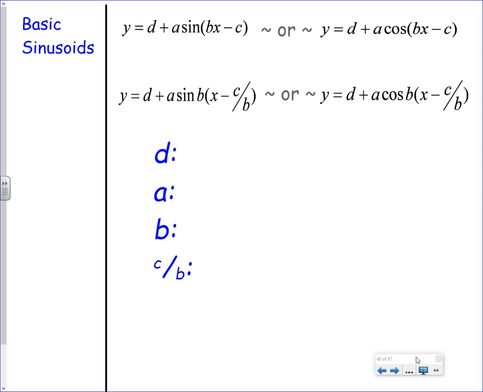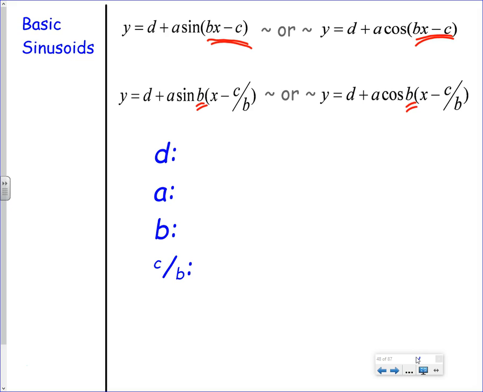The difference between these two, there's only one little baby difference. This one has a number multiplied into the argument if there is a horizontal dilation. This one has the horizontal dilation factored out. So the top form has the dilation factored in or multiplied in to the argument of sine or cosine, and the bottom one has it factored out.